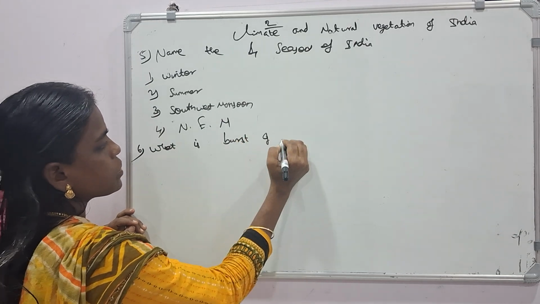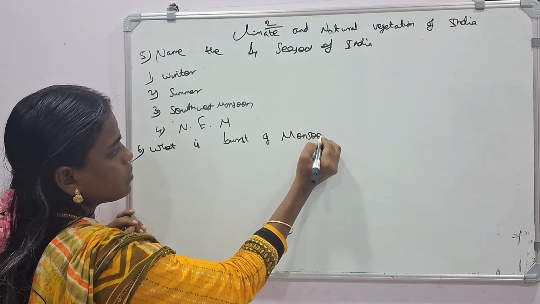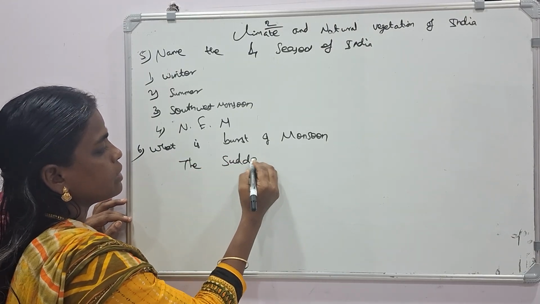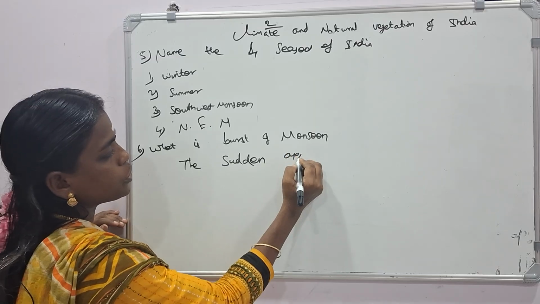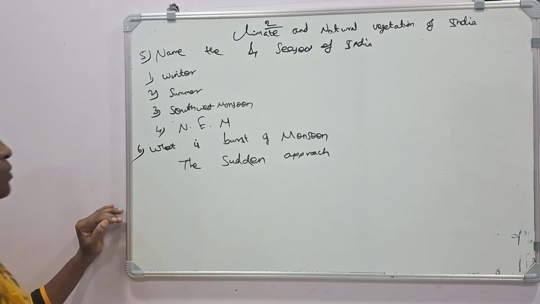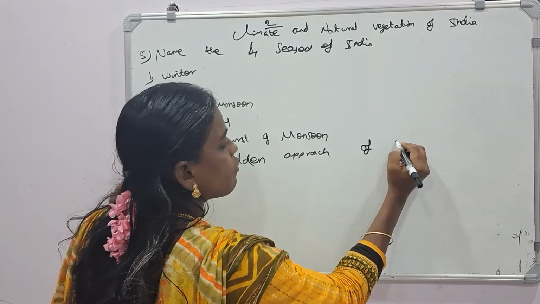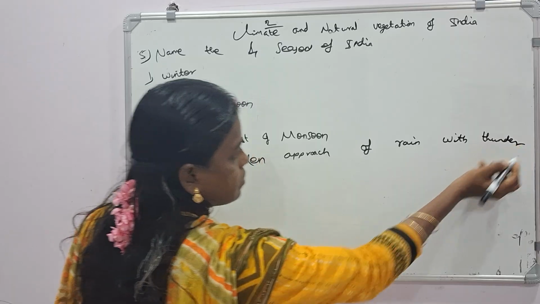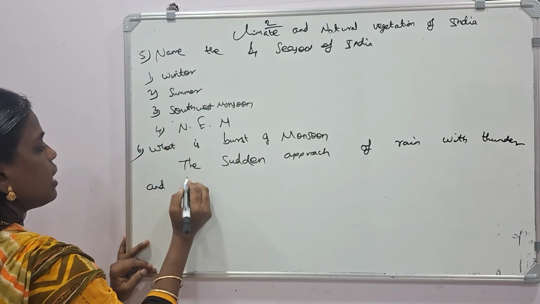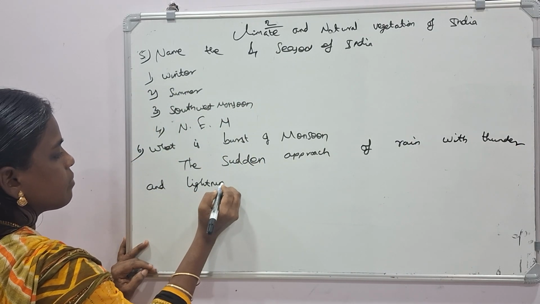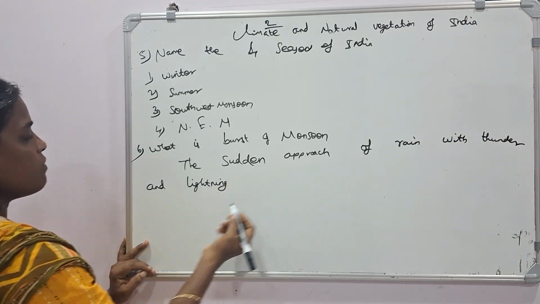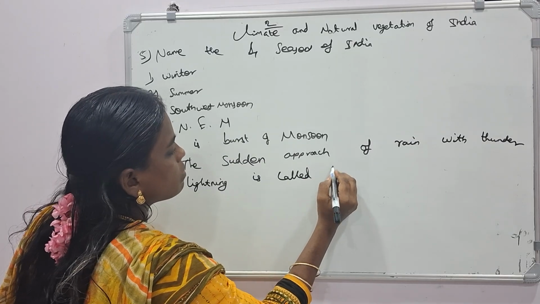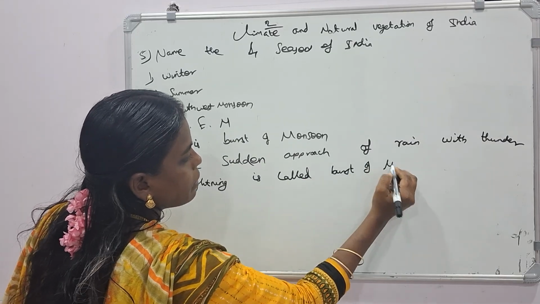The answer will be: the sudden approach of rain with thunder and lightning is called burst of monsoon.